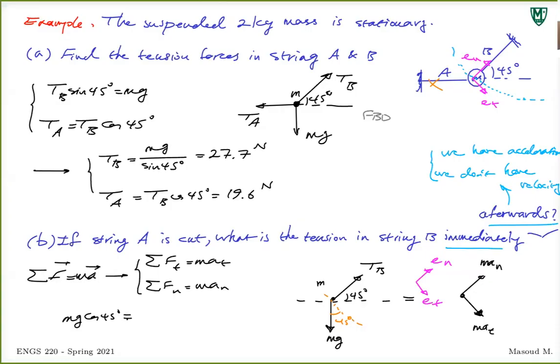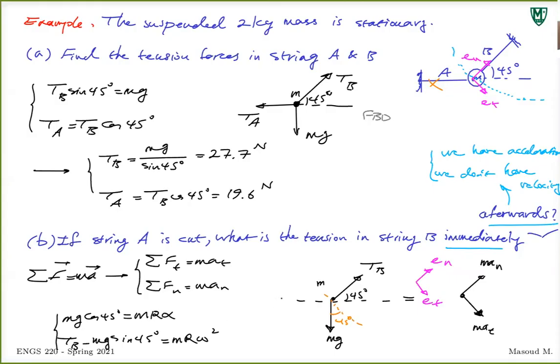Nothing on the free body diagram. On the kinetic diagram, I get m r alpha. And in the normal direction, I'll get TB minus mg sine 45 degrees is equal to m r omega squared.